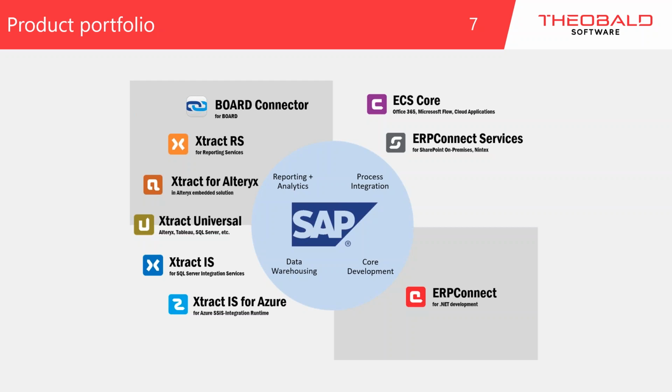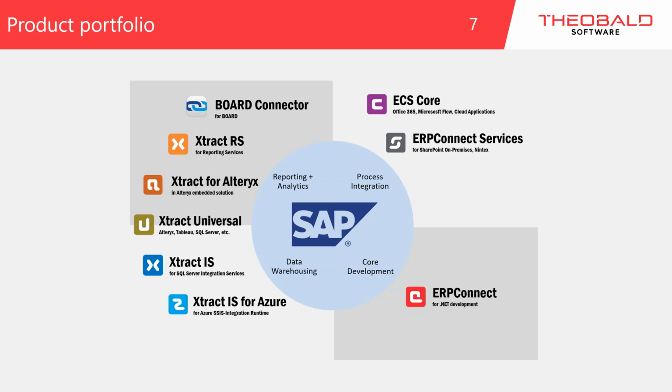Let me introduce our portfolio. As has been said at the beginning, we are a software vendor specialized in the development of SAP interfaces and SAP connectors. We distinguish between two areas.